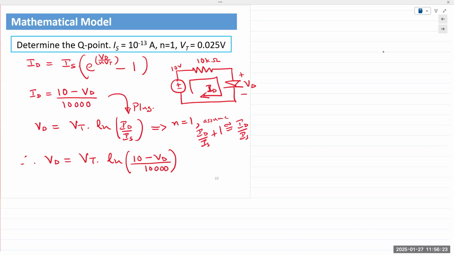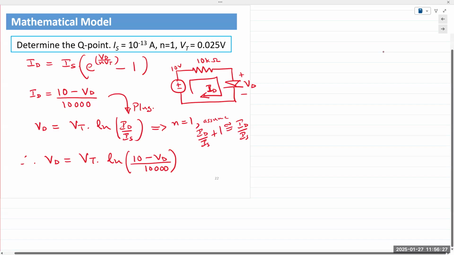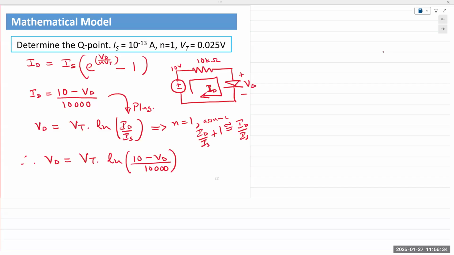Because IS is so small, typically nanoamps, compared to a diode current, which might be in milliamps, that quantity is going to be far larger than 1. So the plus 1, if I wanted a more accurate value, I would keep it. But to simplify it, I'm just going to get rid of it, since IS is very, very small. Does that answer your question?